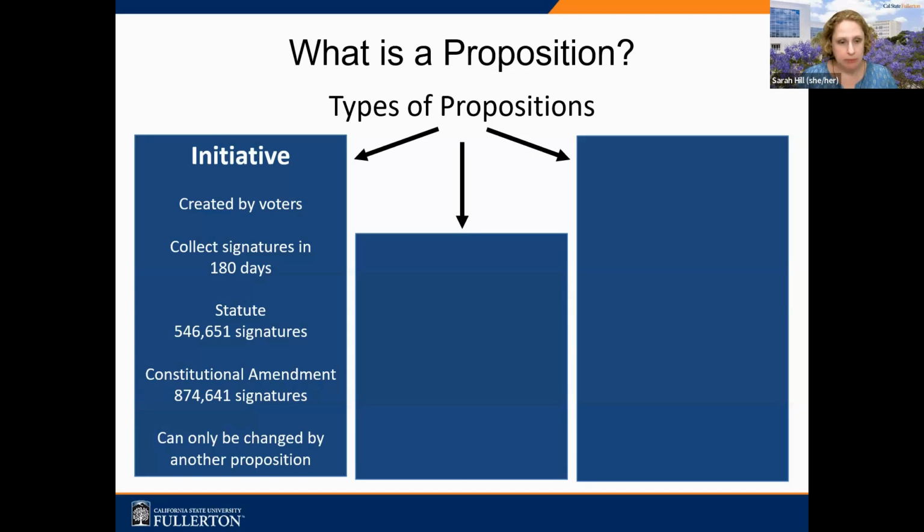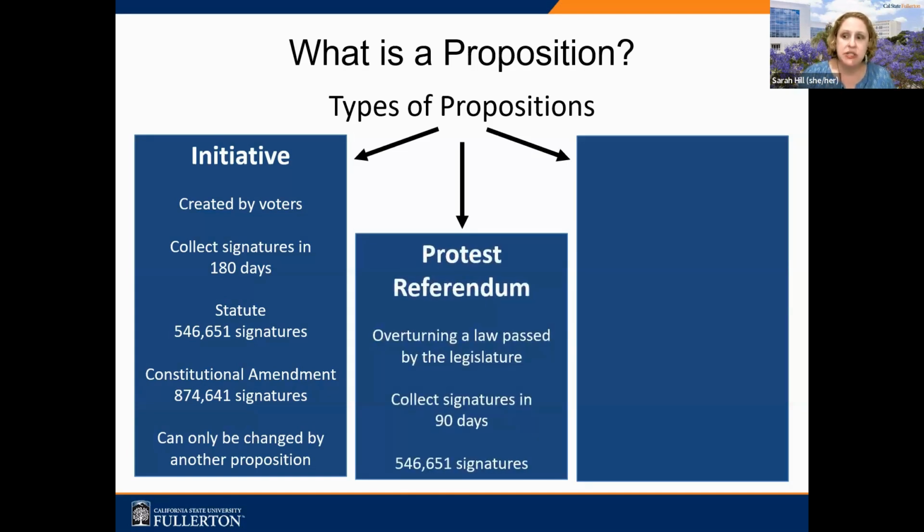So that's one way. We also sometimes have what's called a protest referendum. This is the legislature passed a law and somebody doesn't like it. They think it actually shouldn't be a law. And so they collect the same number of signatures in 90 days. You only have 90 days to get a protest referendum on the ballot.